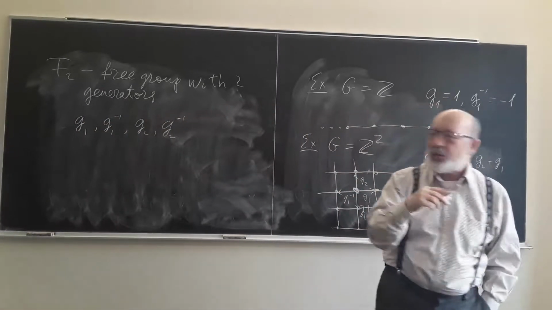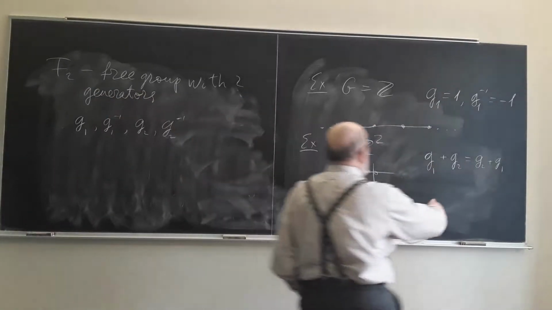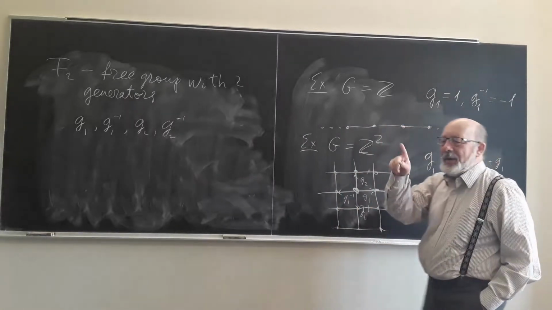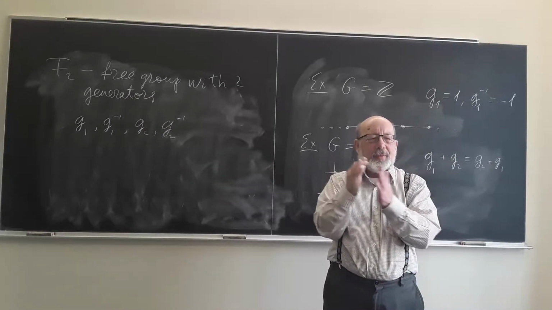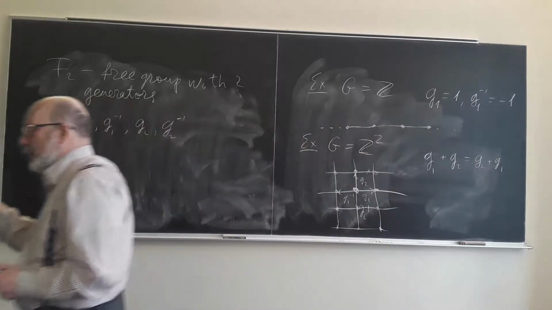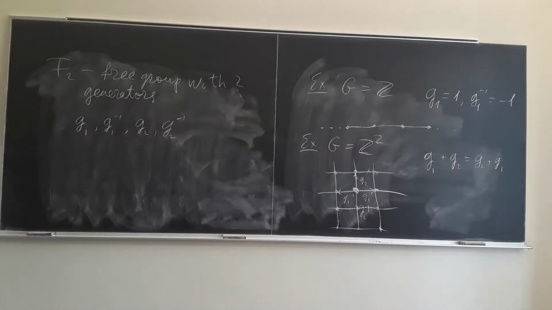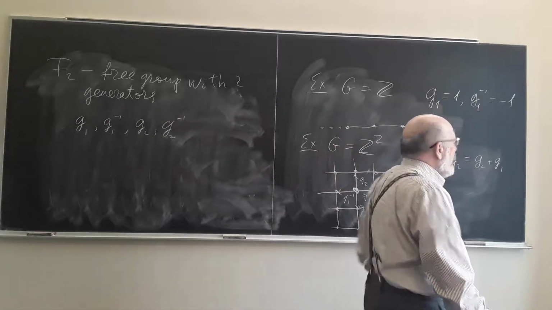And we have no such relations. No relations. So any string of g1, g2, g1 minus 1, g2 minus 1, if it cannot be simplified, when say g1 and g1 minus 1 stand together, one after another, then we can cancel them. Each such string is different from any other, so it gives a different element of the group.